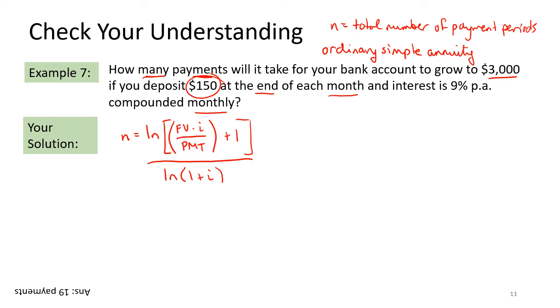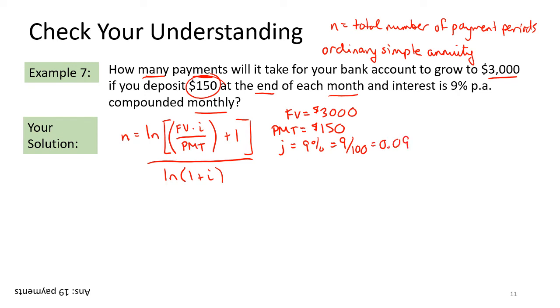So what do we know? We know in the question the future value you want it to be is $3,000, and we know our payments are $150. Our nominal interest rate, J, is 9%, which is 9 divided by 100, removing the percentage sign, or 0.09.